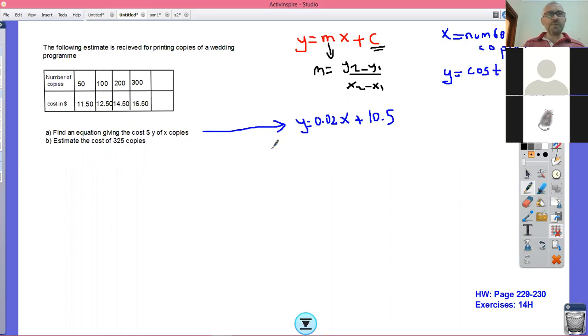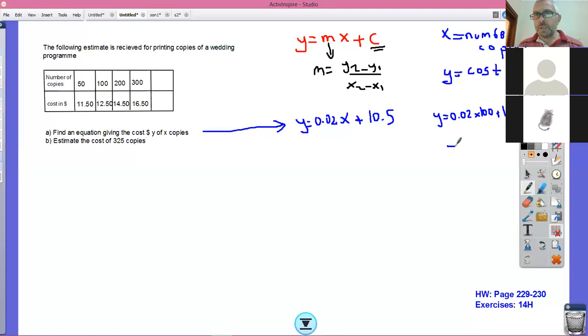Now after this, estimate the cost of 325 copies. But before solving B, we can make a small check. For example, from the table, we know 100 copies cost 12.50. Is it true or not? I am going to check it. Y is equal to 0.02 multiplied by the number of copies, 100, plus 10.5. Now can we find 12.50?